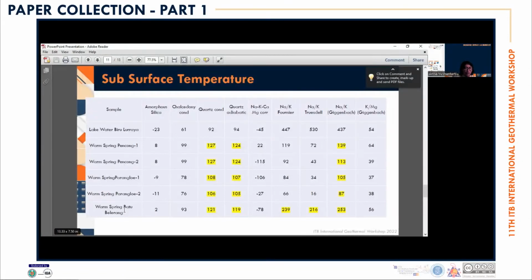So it's possible that the reservoir temperature at the Batu Belerang geothermal system could be greater than 120 degrees Celsius. While Pencong and Paranglo geothermal system could be from the shallow part of the reservoir geothermal system.